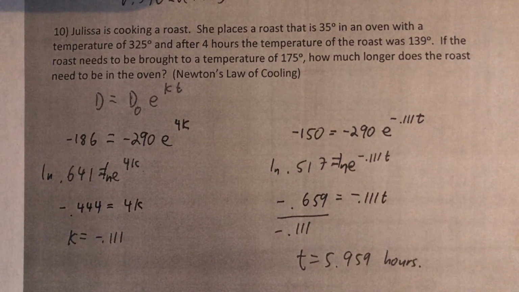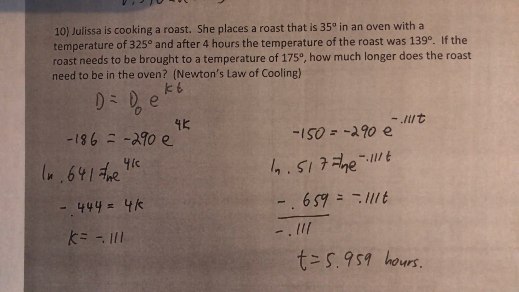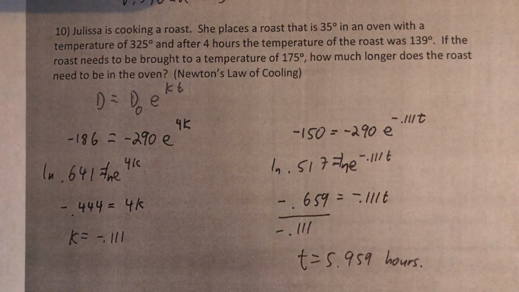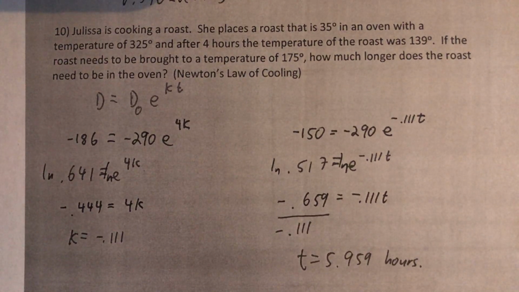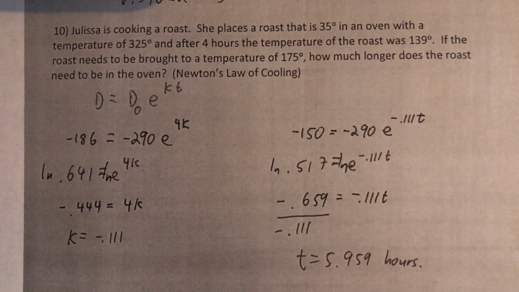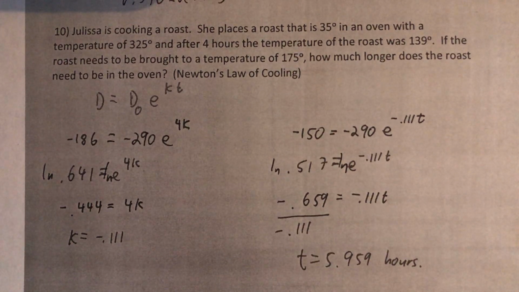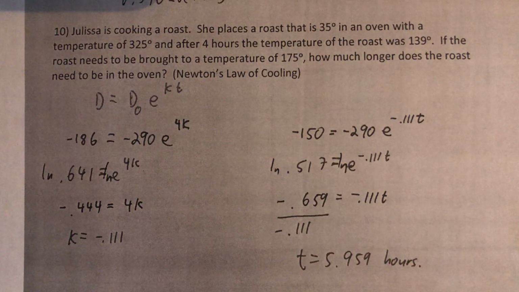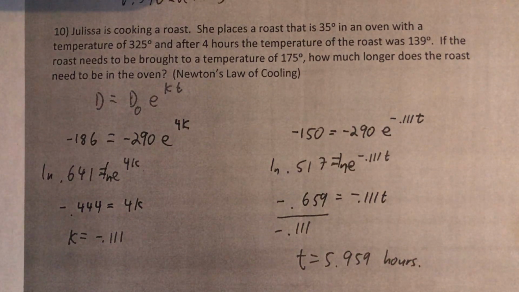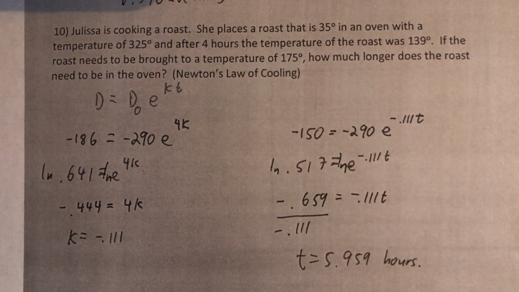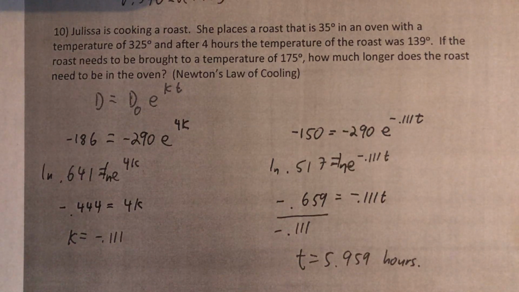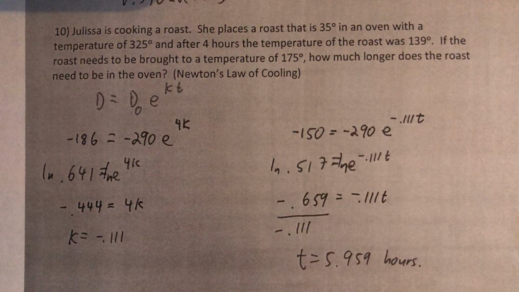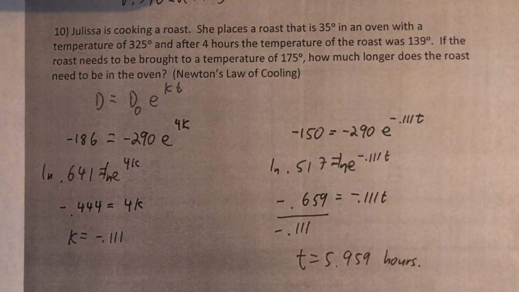K is a constant. Okay, so this is Newton's law of cooling. So the initial difference would be 35 minus the 325. So that's a difference of negative 290 degrees. T is 4, so we're going to put a 4 in. And at 4 hours, if we take 139 minus the 325, we're going to get negative 186.